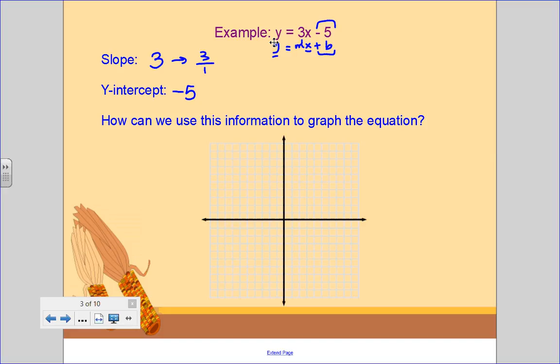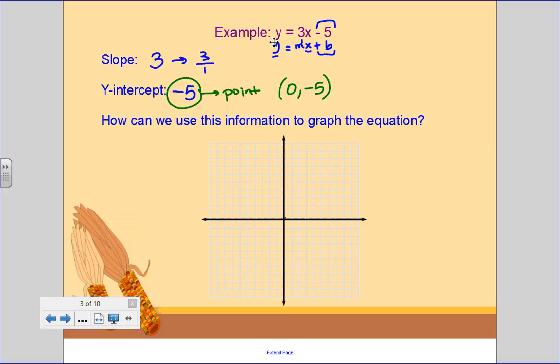Well, you will find that slope-intercept form is very helpful for graphing, because if you have a y-intercept, which is just a point on your graph, and you have a slope, then you can count out that slope from that one point you're given and get multiple points on the line. If I were to write the y-intercept as a point, that would be written as 0, negative 5.